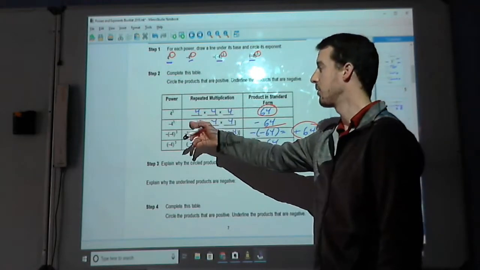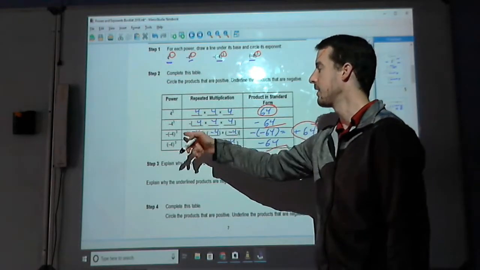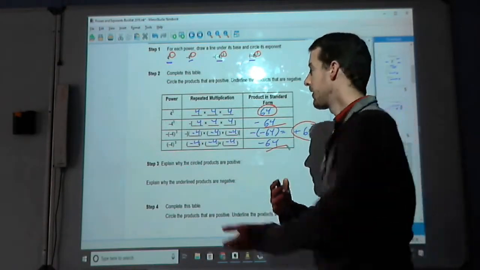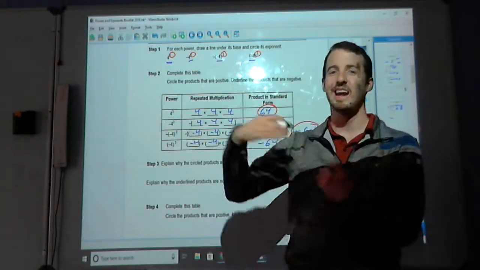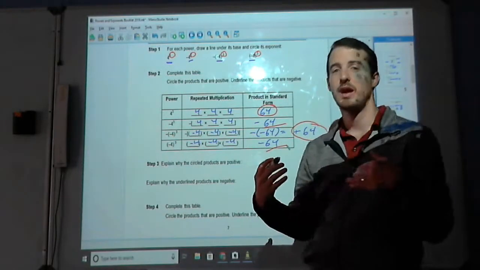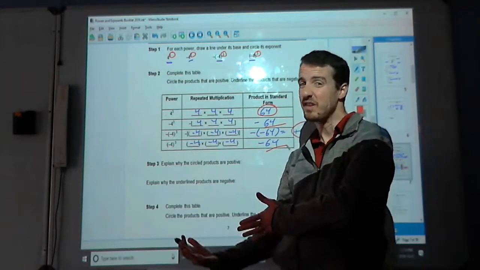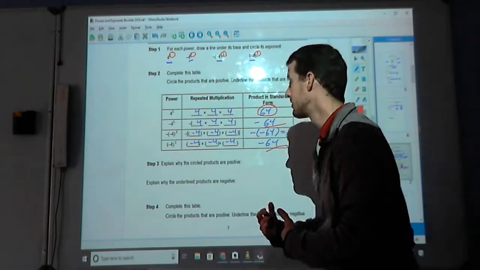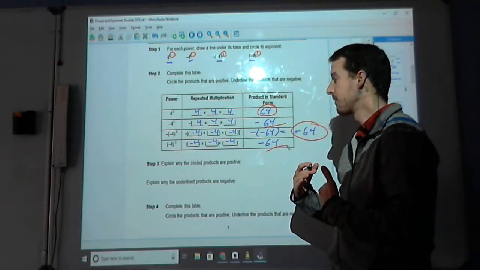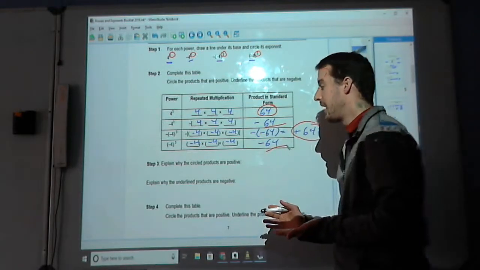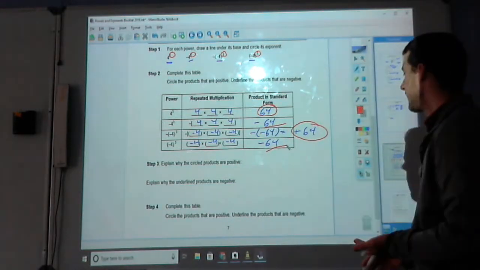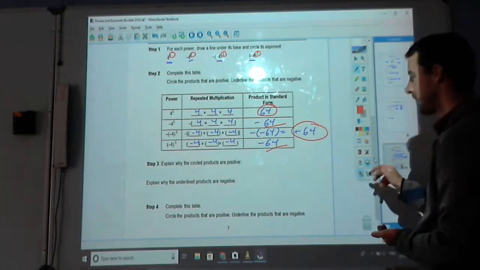It really has to do with where the negatives align. Is it part of the base or is it extra from the base? Do we have an odd number of negatives or an even number of negatives? Those are the questions I want you guys to answer with this. So that would be step 3. I'll leave that up to you guys.